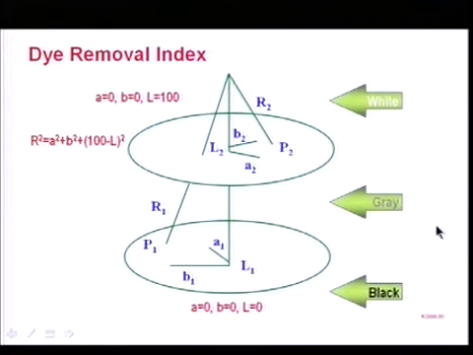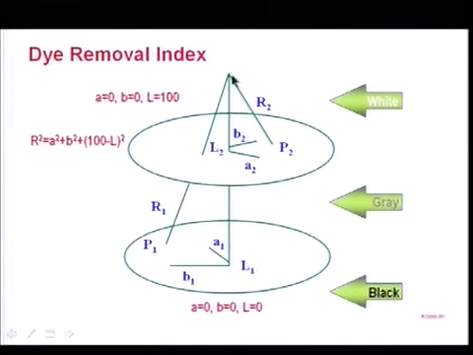The next tool we use here with the LAB numbers is called dye removal index. For example, in that color space, P1 is an unbleached pulp with L value, L1, A1 and B1 values. These are the color values of the P1 pulp.